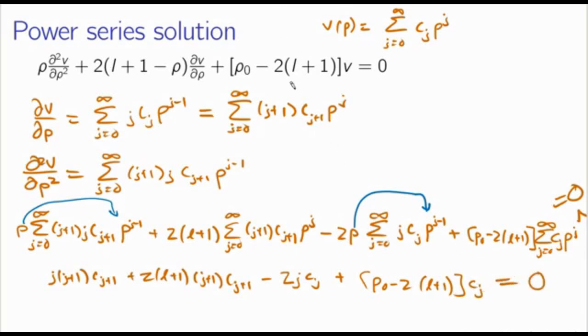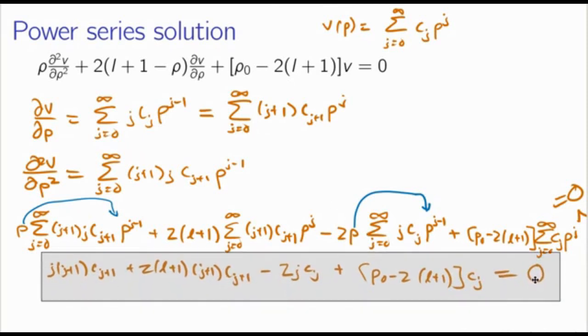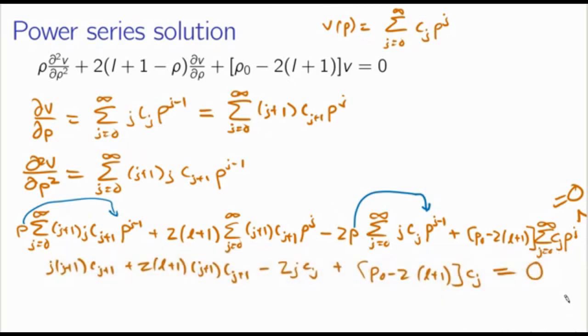This expression is actually something that we can work with reasonably easily. And I'm going to attempt to move it up to get myself a little more space to work with on the bottom here. Apologies for making the slide look cramped. But we have a c sub j plus 1 there and a c sub j plus 1 there. We have a c sub j there and a c sub j there. So I'm going to move the c sub j terms to the other side of the equation and factor out the c sub j from these two terms, leaving me with just these coefficients, the j plus 1 and the 2l plus 1 times j plus 1.